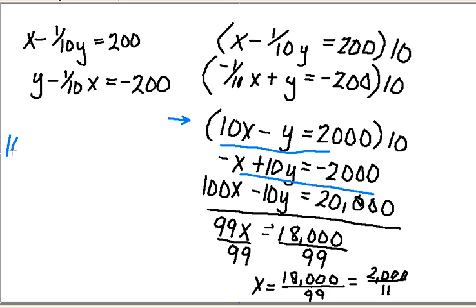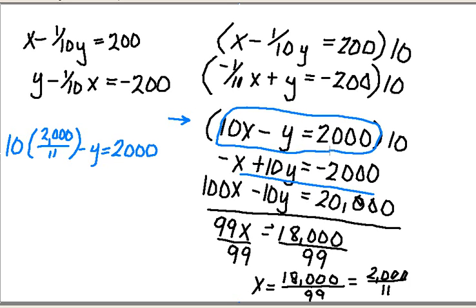So I'll have 10 times my x, which is 2,000 over 11, minus y is going to equal 2,000. I'm just using this equation in here before I multiplied it by 10.